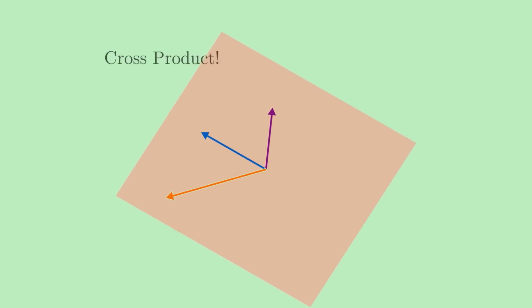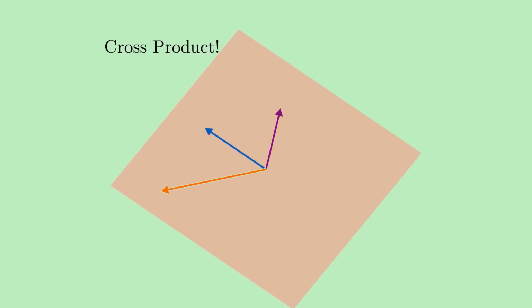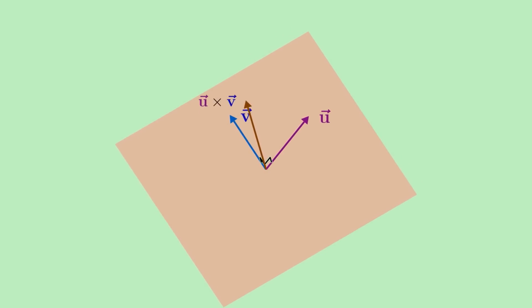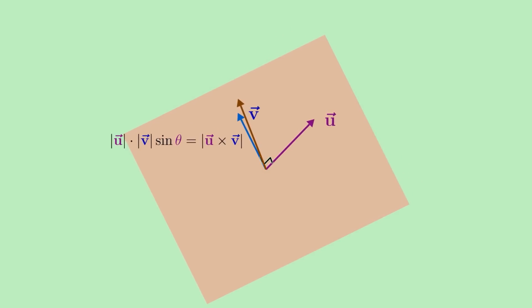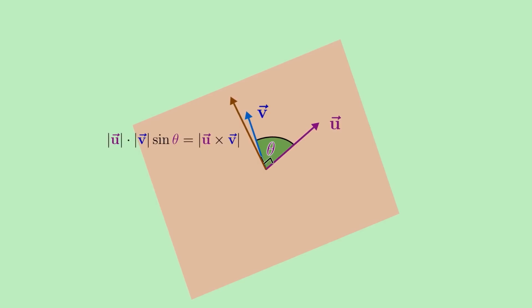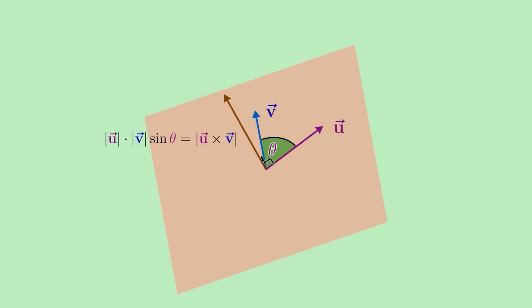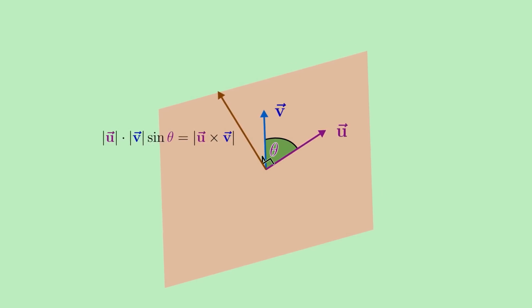Those of you with a background in physics might have an idea for how we can project and rotate a vector by 90 degrees in any plane. It turns out there's a sneaky way to do it, at least in 3D, using the cross product. If you're unfamiliar, the cross product is a way of multiplying two vectors, u and v, usually in 3D, to generate a third vector perpendicular to both, whose magnitude is given by the product of the magnitudes of u and v individually times the sine of the angle between them.